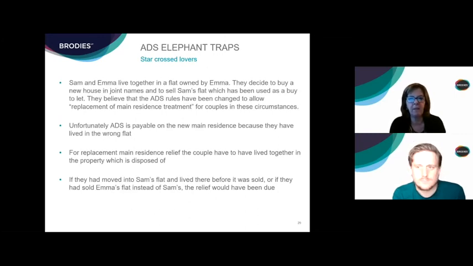So they've lived in the flat that Emma owned, and they sold Sam's flat. For the replacement of main residence relief, you have to have lived in the flat that you're selling. So they need to have lived in Sam's flat, if that's the one that they're going to sell, or if they're not going to sell that one, they need to sell Emma's flat. So you need to have lived in the flat that you're going to sell.